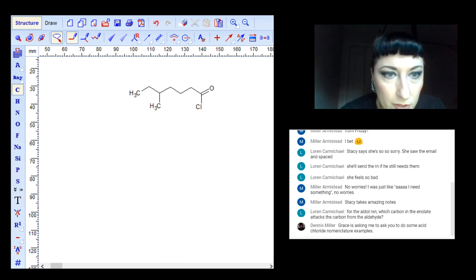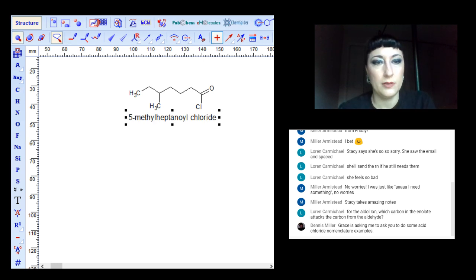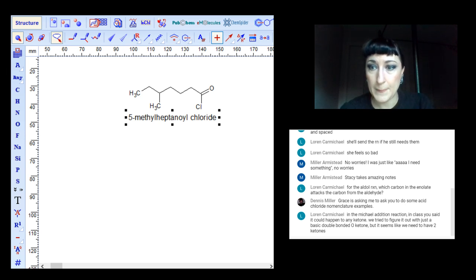So here you would have 1, 2, 3, 4, 5, 6, 7. 2, 3, 4, 5. So 5-methylheptanoyl chloride should be the name for that. Again, if it was the acid, you would have just done 5-methylheptanoic acid. So you're just changing the suffix there, but it's not going to be drastically different from the other naming you've done.